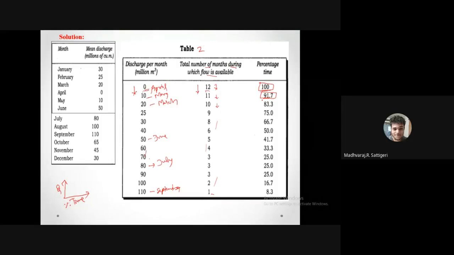Sorry, 10 upon 110, you will get 0.09. See, 10 upon 110, कितना वैल्यू आ रहा है? 0.09.